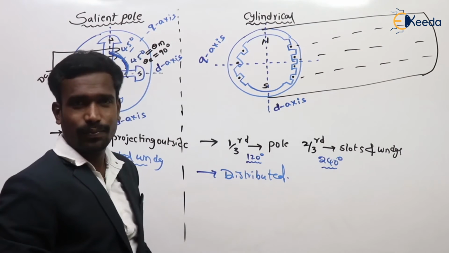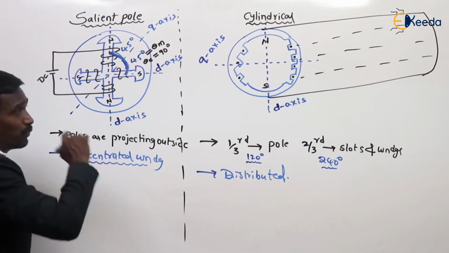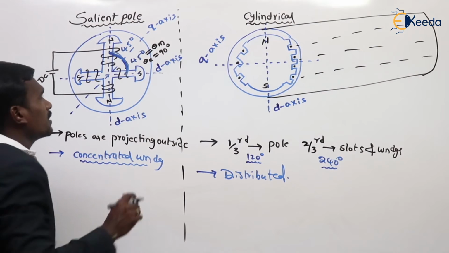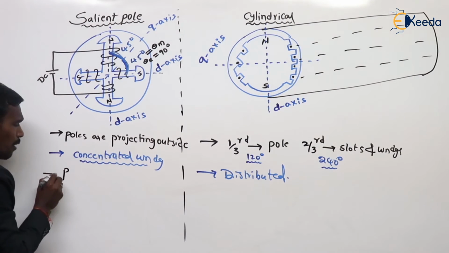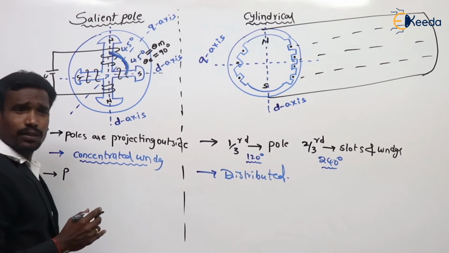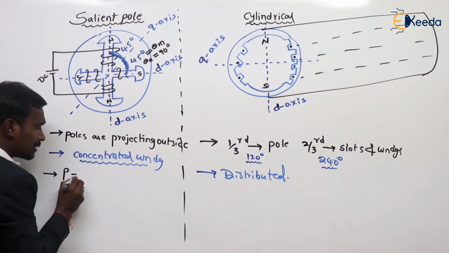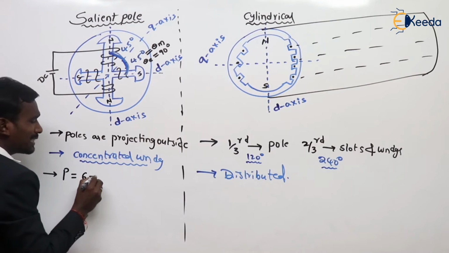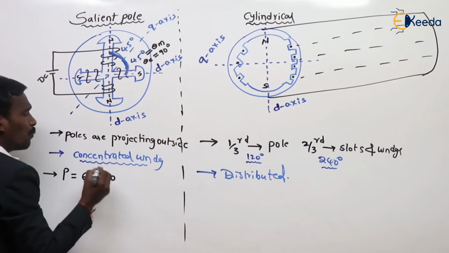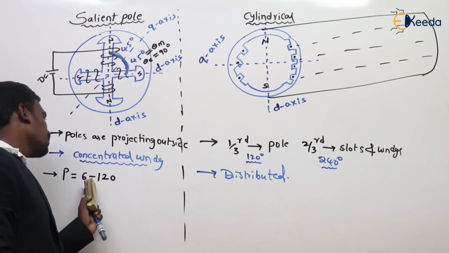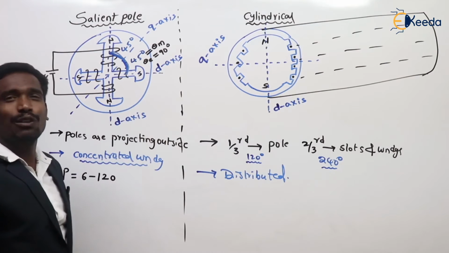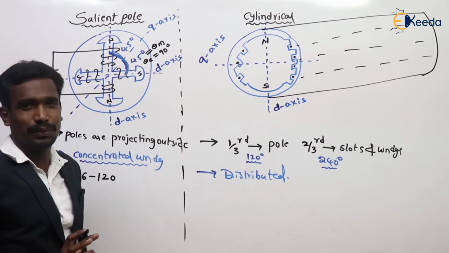And next one. See carefully. Generally the number of poles in this machine is minimum 6 and maximum 120. Sir, you drew only 4 poles just for understanding purposes.